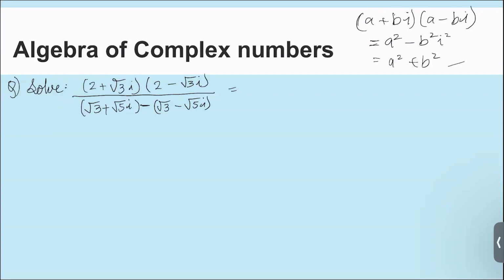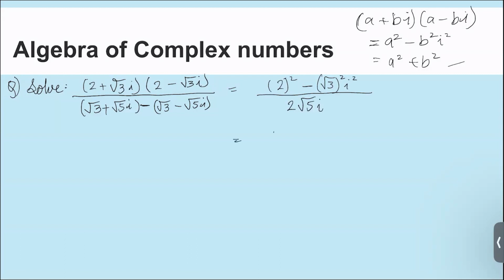So you can directly write it as 2 squared minus root 3 i squared. Okay, and for the denominator, you can see that plus root 3 and minus root 3 cancel each other out, and then you're left with root 5i plus root 5i. So that you eventually get as 2 root 5i.